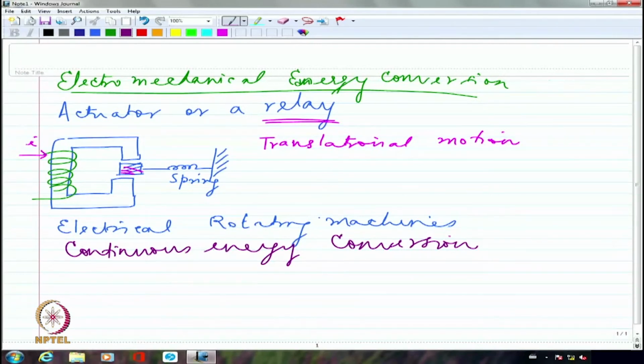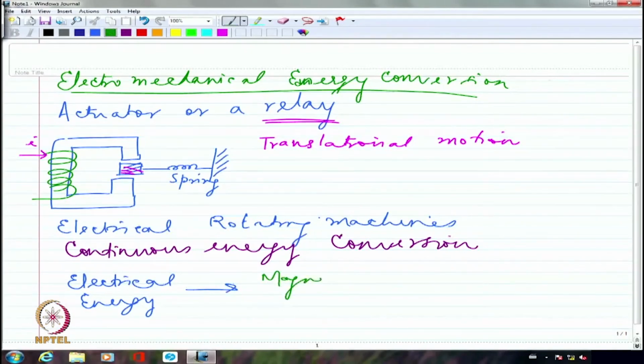Right? So on one side, I can have electrical energy input. And it is going to go through a magnetic via media, because the magnetic medium is not going to contribute towards any energy directly. It is only serving as a conduit between the electrical energy and mechanical energy.